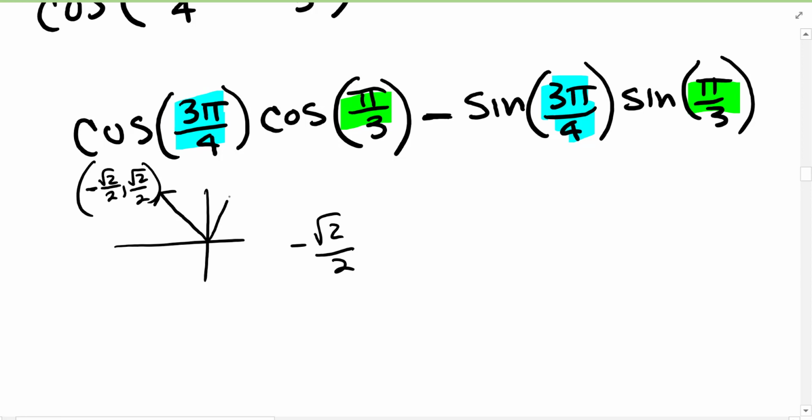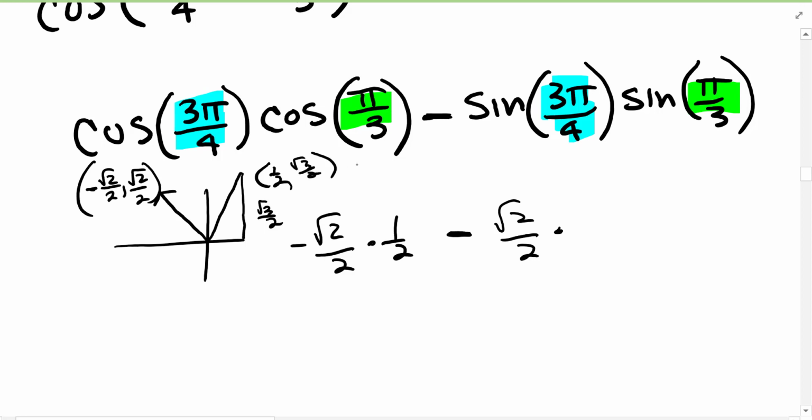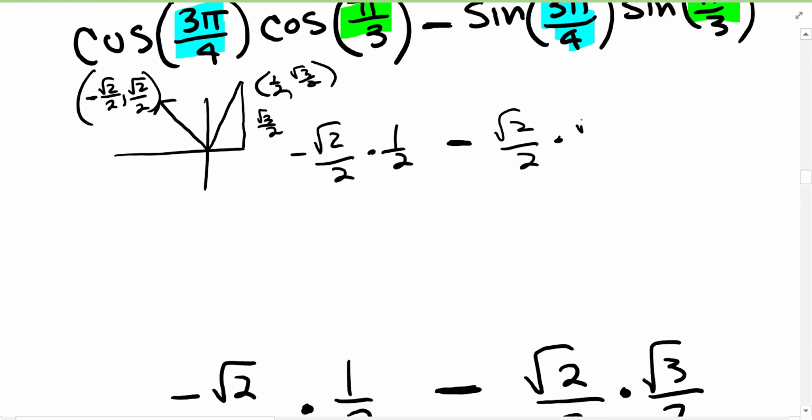And cosine of pi thirds is 1/2, so that's times 1/2. Then we have a subtract sign. Sine of 3 pi fourths is root 2 over 2 times sine of pi thirds, which is root 3 over 2, which is what I have right down here.